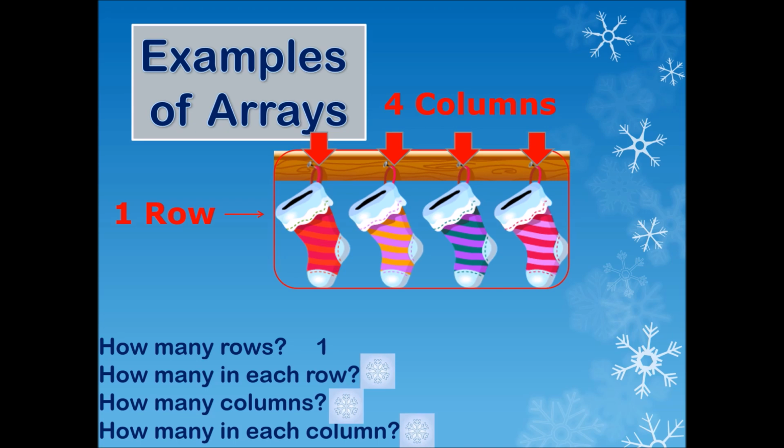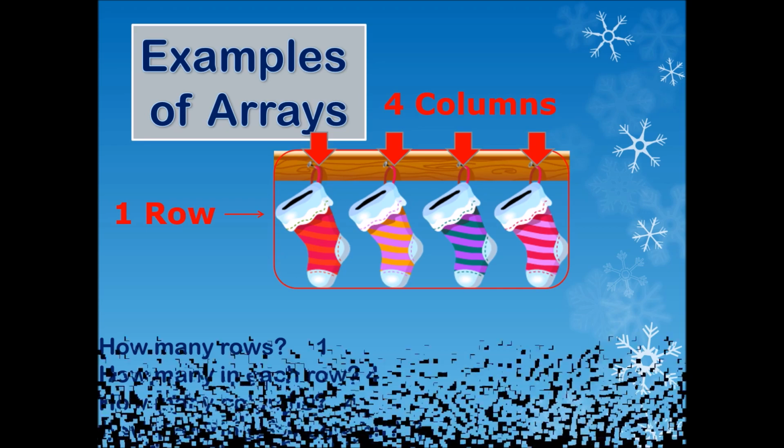How many are in each row? 4. How many columns are there? 4 of them. And how many are in each column? 1. Did you notice how we have 1 row and there's 4 in each, or 4 columns and there's 1 in each? This is the way we can flip our equation, either by counting with rows first or with columns first.